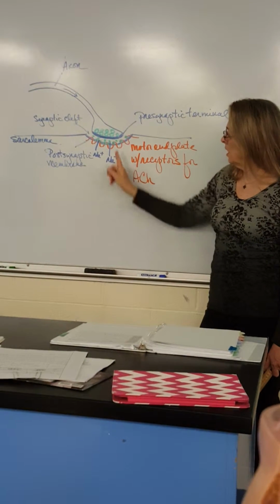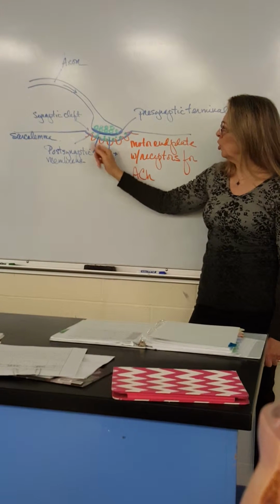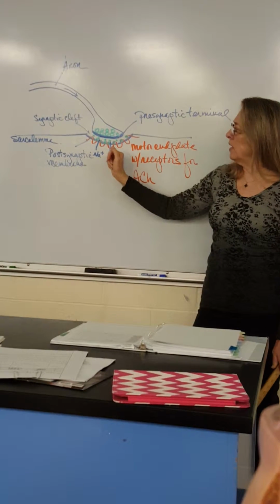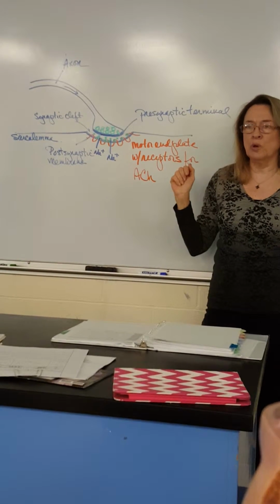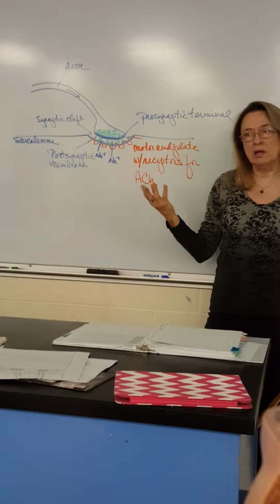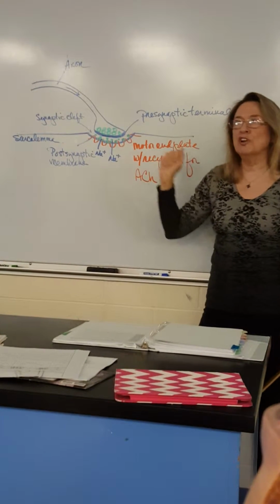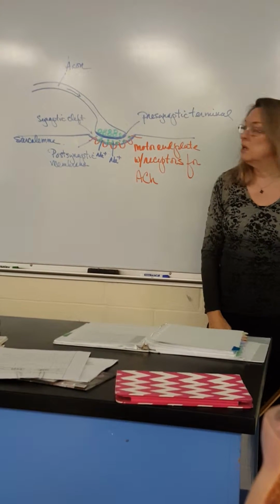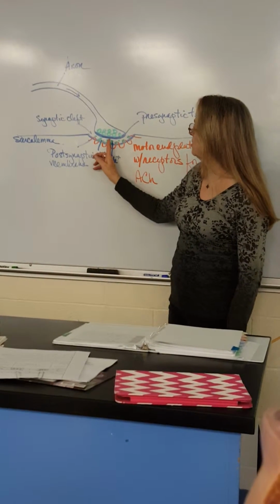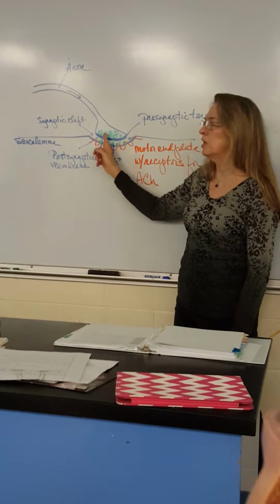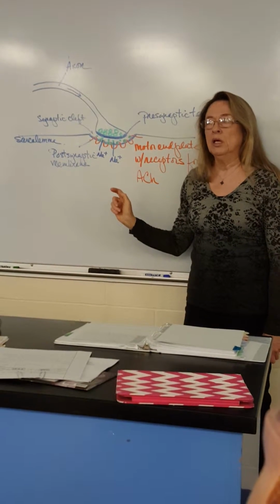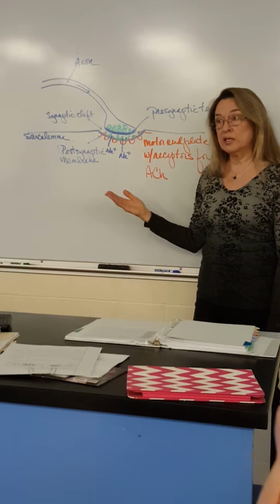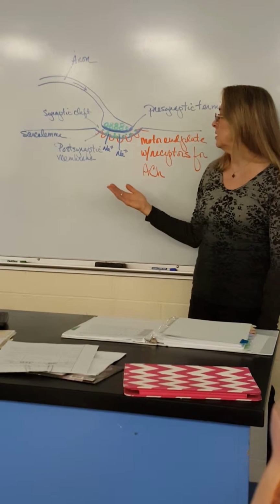Now, at the presynaptic terminal, this is where we can have the release of neurotransmitters by the axon. If the signal is strong enough, if it reaches a threshold intensity, it will cause the release of neurotransmitters that are in these little vesicles. And it releases them by exocytosis. Y'all should remember what that means.